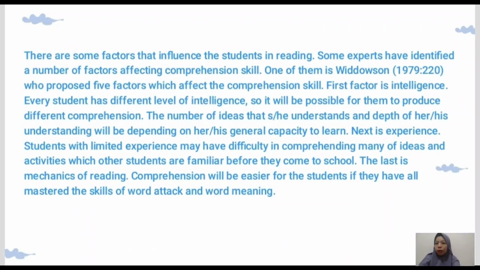There are some factors that influence the student in reading. Some experts have identified a number of factors affecting comprehension skill. One of them will propose 5 factors which affect the comprehension skill.